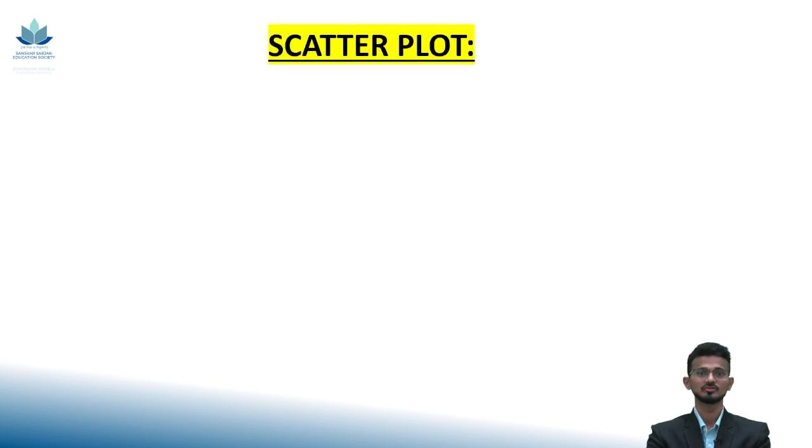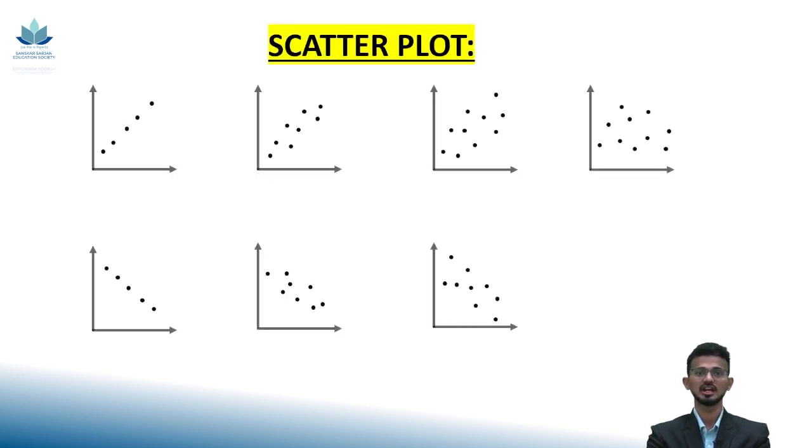In a scatter plot, we get an idea about the strength and direction between the two variables. If we plot values for x-axis and y-axis, we might get the data displayed on the screen. In the first scatter plot, we can see that the trend line passes exactly through all the points. It is called perfect positive correlation.